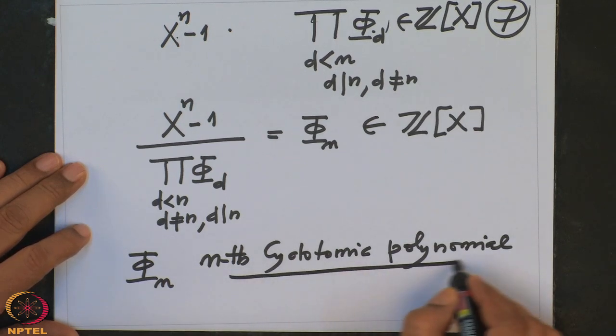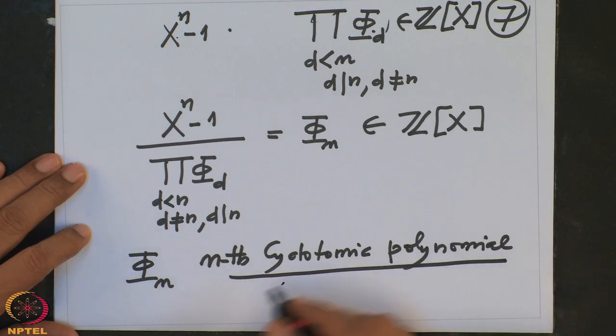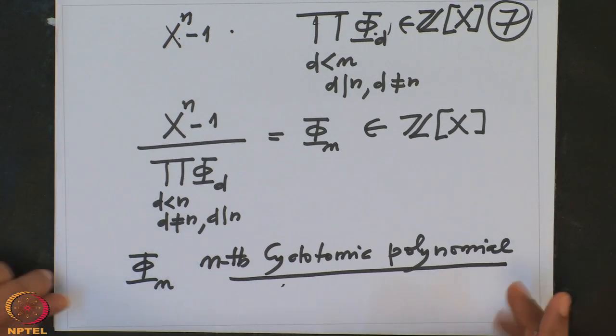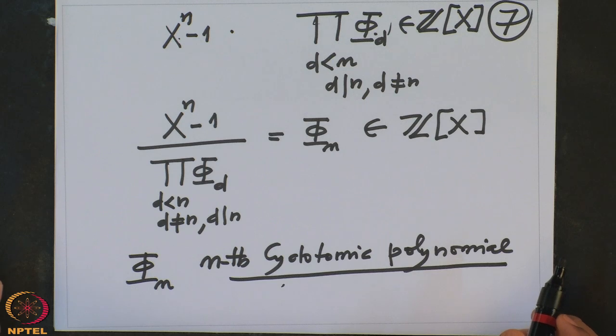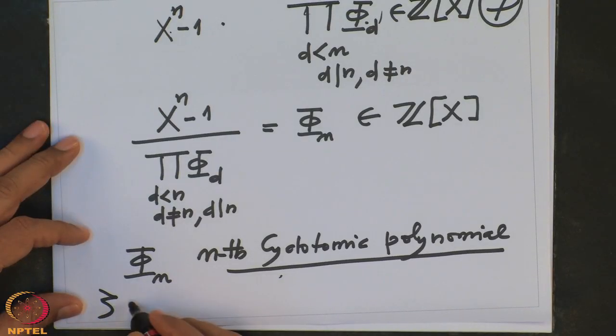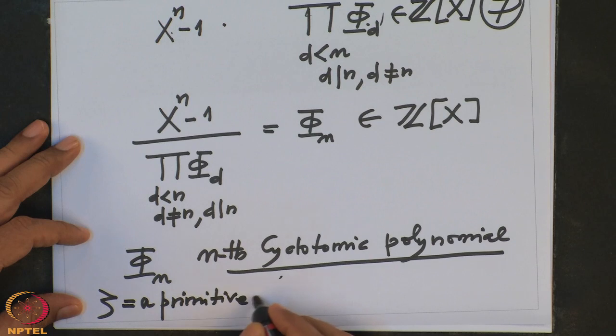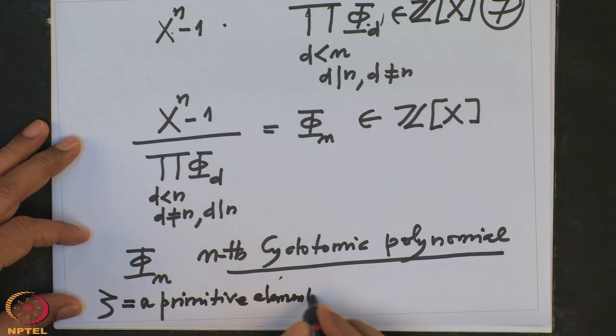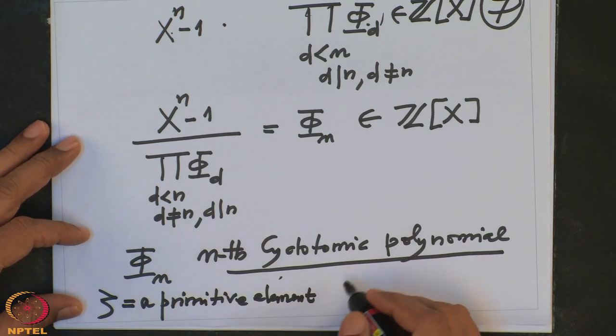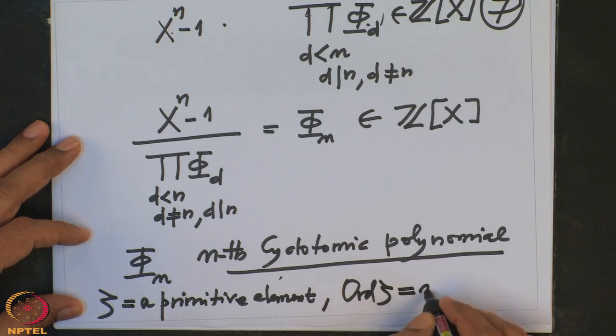Nth cyclotomic polynomial. Okay. Now, what was our problem? Our problem was: if I have zeta, which is not an arbitrary element but a primitive element, that is, a generator of mu n, so the order of zeta is equal to n.